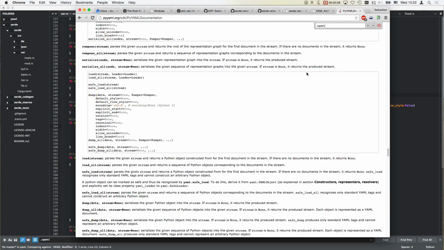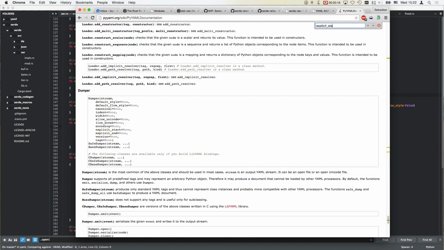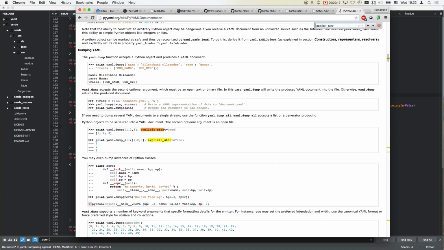Let's see what we have. Allow Unicode, line breaks, tags, version, explicit start. Explicit start. That's the YAML document, the explicit start there.